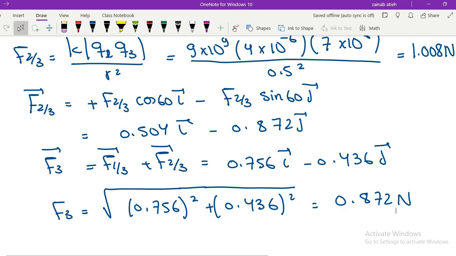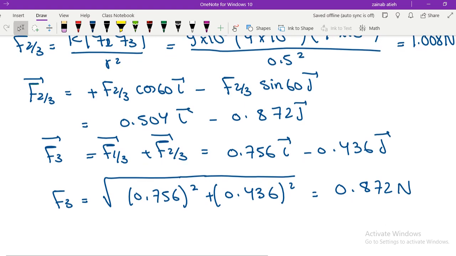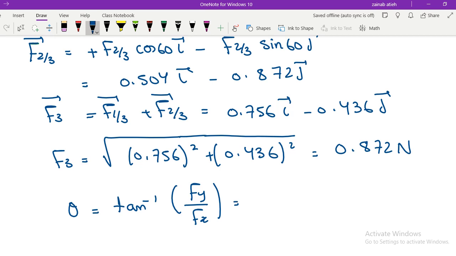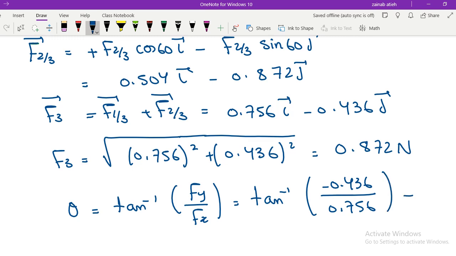If I need to find the direction, which is the angle the vector makes with the x-axis, theta will be equal to tangent inverse of Fy over Fx. We divide y over x with the sign. So tangent inverse of minus 0.436 over 0.756. Use your calculators and you will get approximately minus 30 degrees.